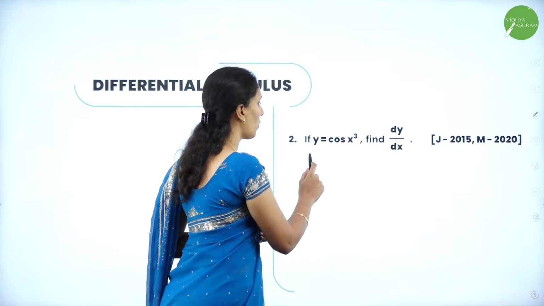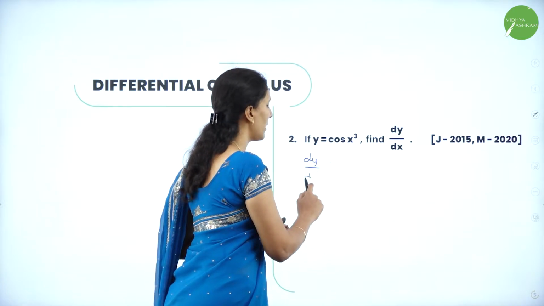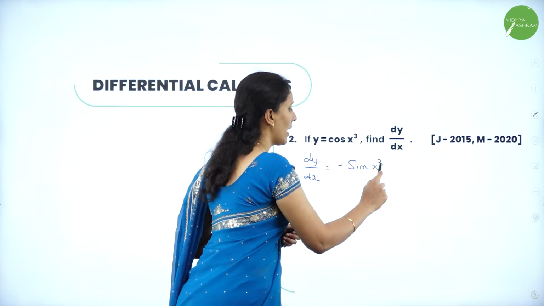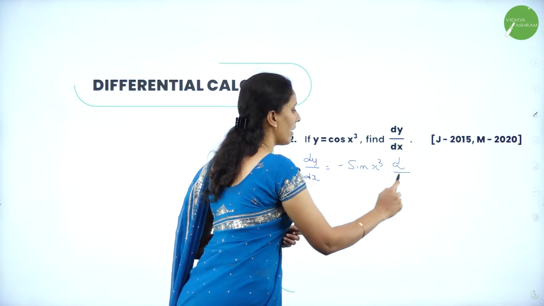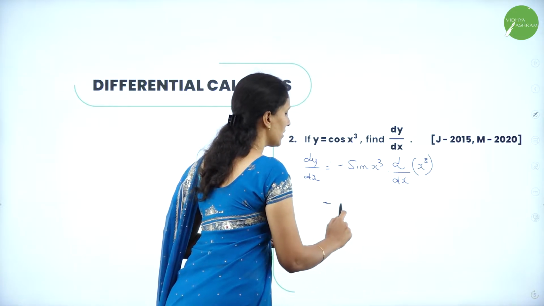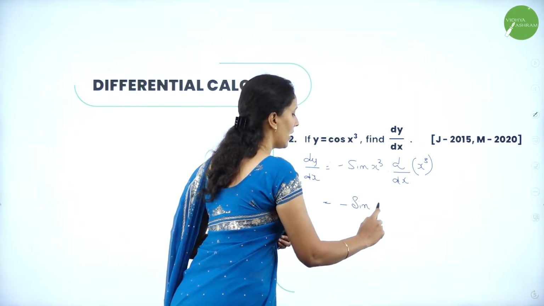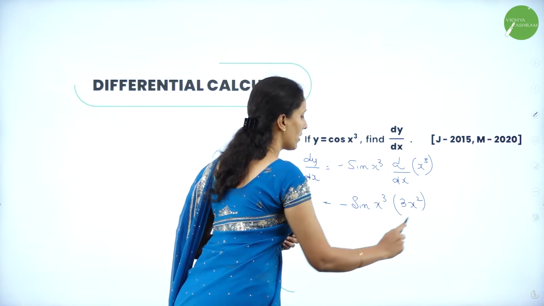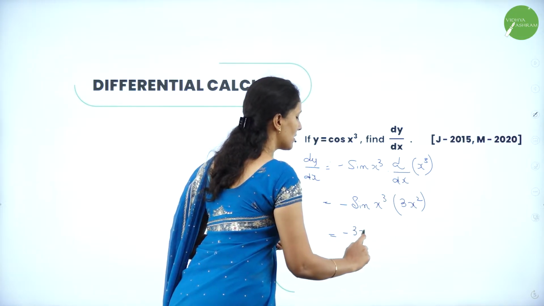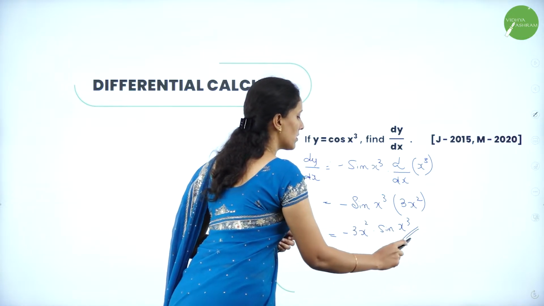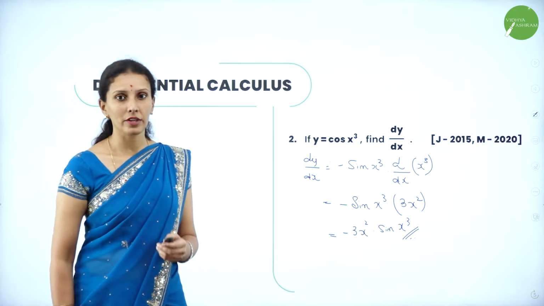So, y is equal to cos x cube means dy by dx is minus sine x cube, and again you have to derive x cube. Therefore, it is minus sine x cube into the derivative of x cube, which is 3x square. Hence, the answer is minus 3x square into sine x cube. So, this is the derivative of the given function.